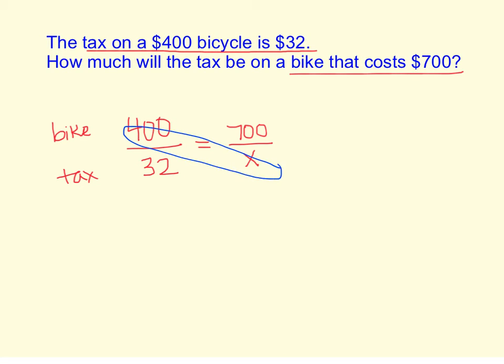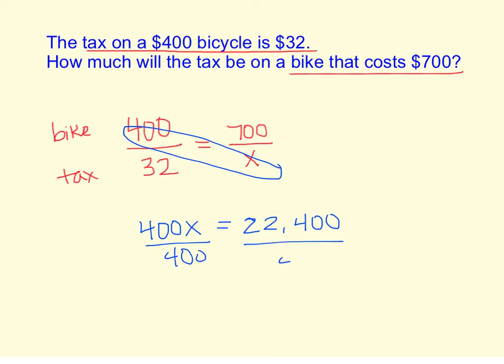So we cross multiply. 400 times x is 400x. 32 times 700 is 22,400. Let's go ahead and divide by 400 to solve. When you divide by 400, you get 56. And then 56 what? What kind of label would this be? Well, we're finding the tax, and our tax is in dollars, so $56.